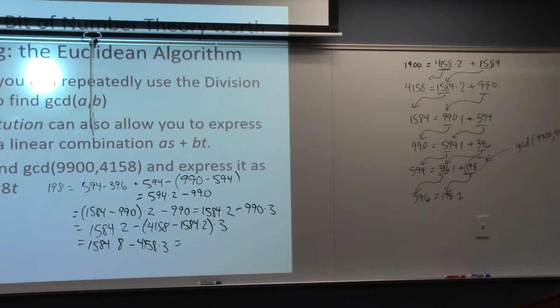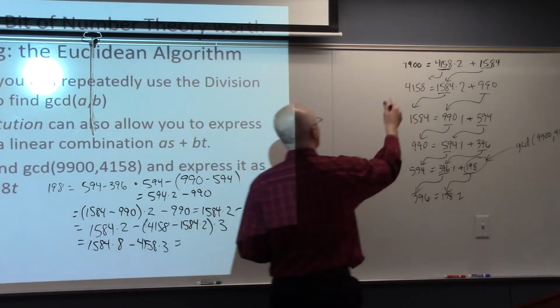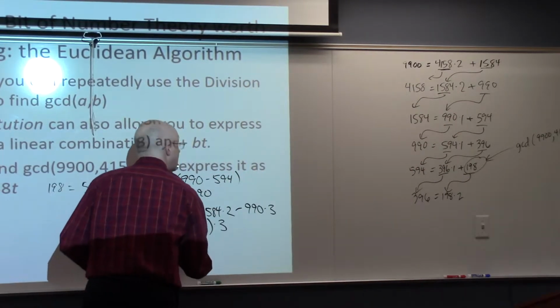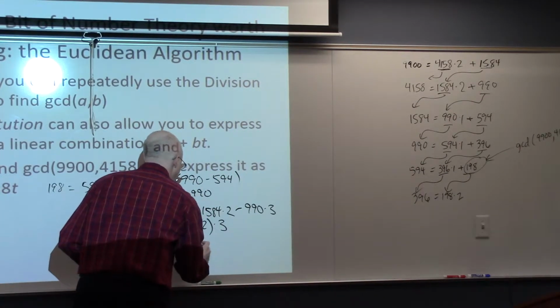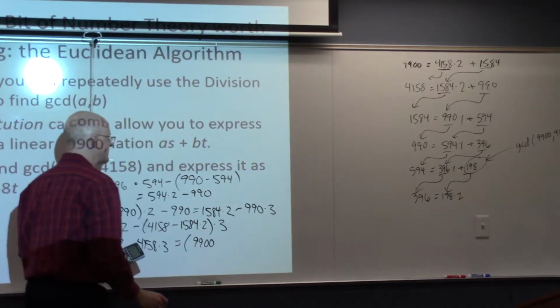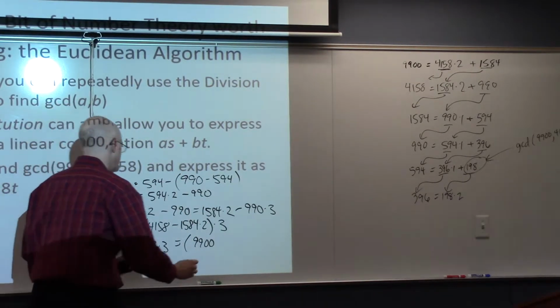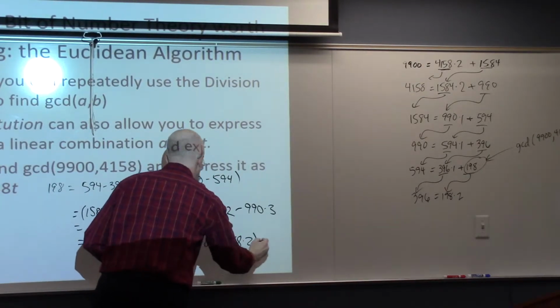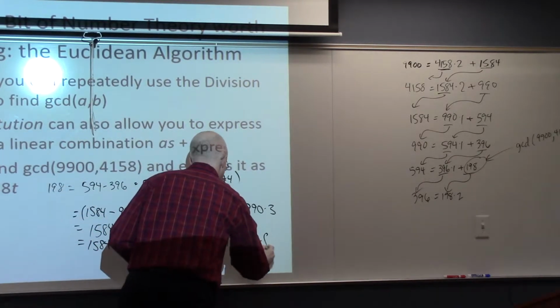Look good? 1584 is 990 minus 4158 times 2. We're almost done. 9,900 I meant to say. Minus 4158 times 2. That gets multiplied by 8.